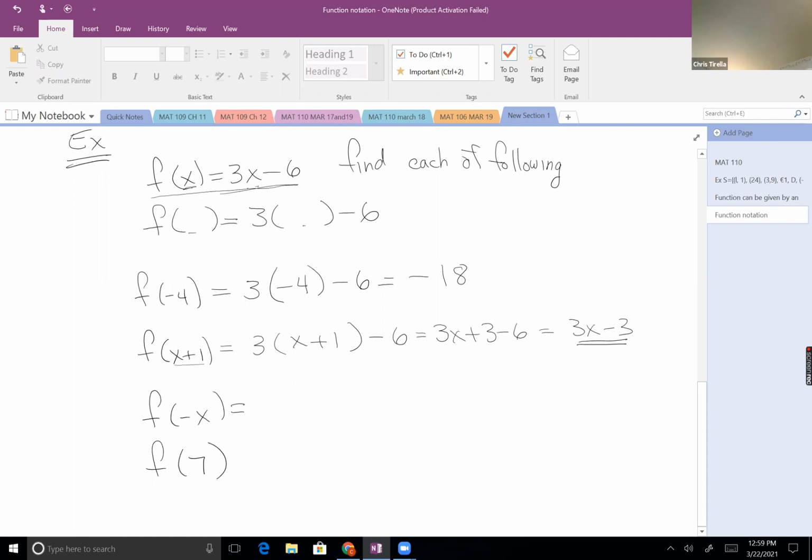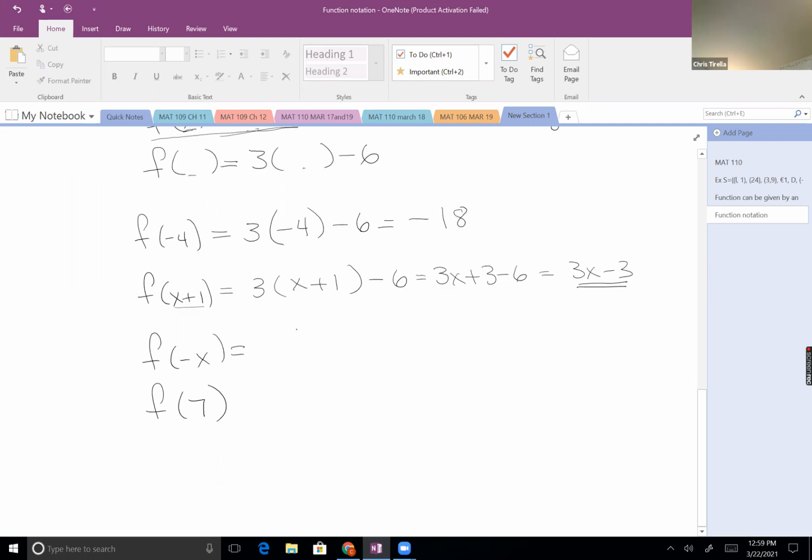F of negative x, well, what's in the parentheses takes the place of x. So this time I'm replacing x with negative x. And so simplifying that would give me negative 3x minus 6.